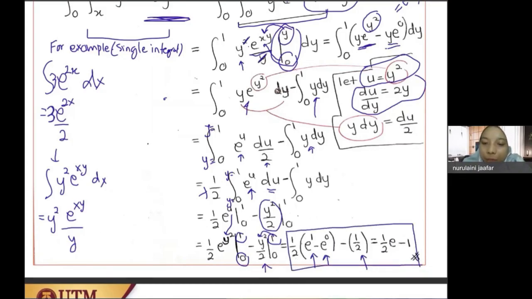Let us see what we get. 1 over 2 (e minus 1) minus 1 over 2. And then 1 over 2 e minus 1 over 2 minus 1 over 2. So we get 1 over 2 e minus 1. Okay, so this is the answer. The answer is correct, right? Okay, so we get this.